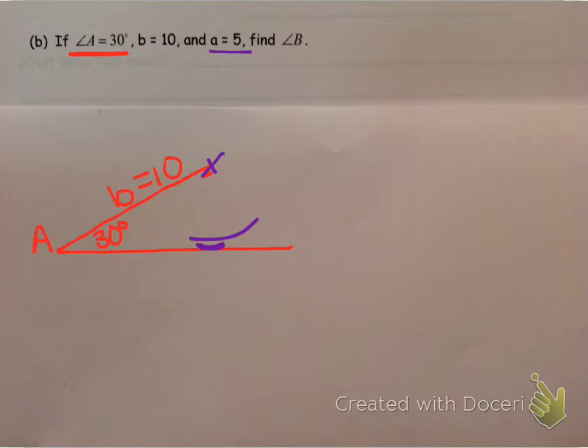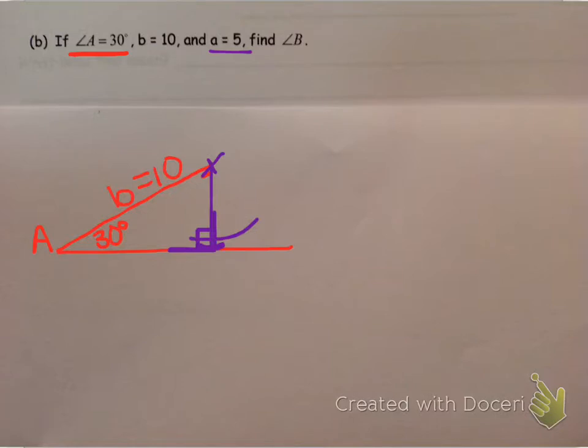So if you started here and drew out to there, you've just created a right triangle. In geometry you would have confirmed it was a right triangle by taking your protractor and measuring to make sure this was a 90-degree angle right there. But we can confirm all of that algebraically as well.